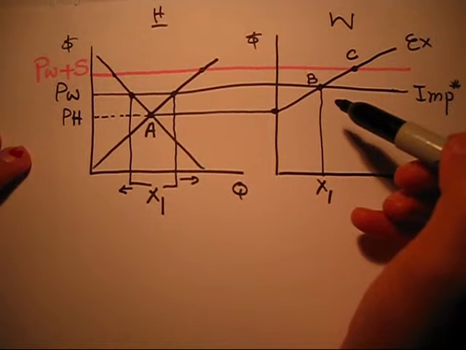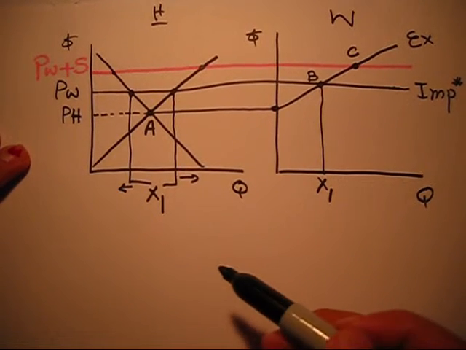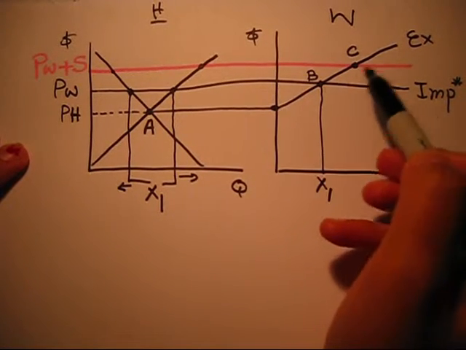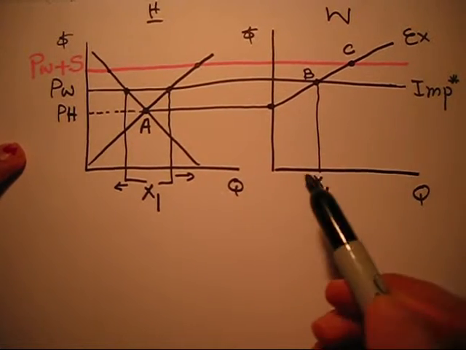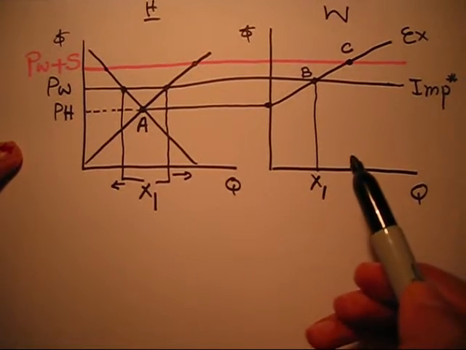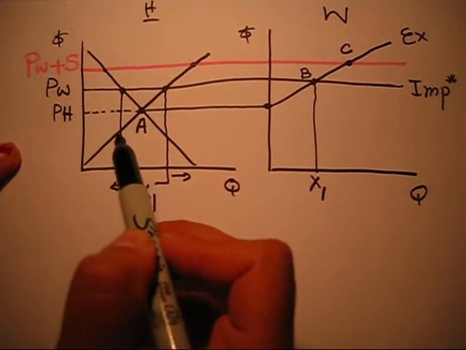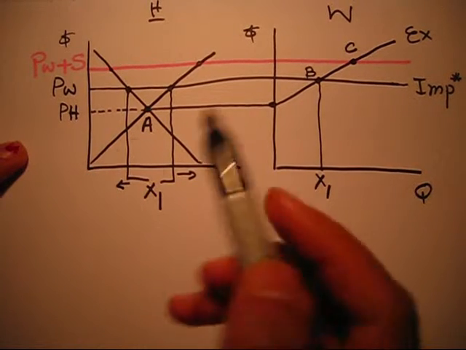What happens second is export subsidy reduces exporting cost. How? EX is the marginal cost of producing and exporting every unit of goods that's been exported. So when the government gives S dollars to home producers, their marginal cost of production decreases.